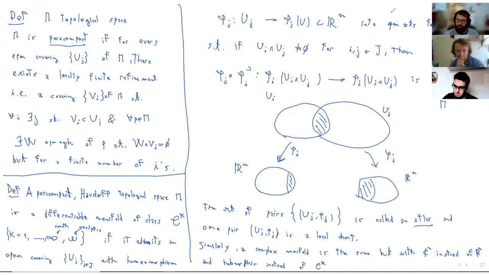So what I mean here is that instead of having R^n, we will have C^n, and this composition is holomorphic.